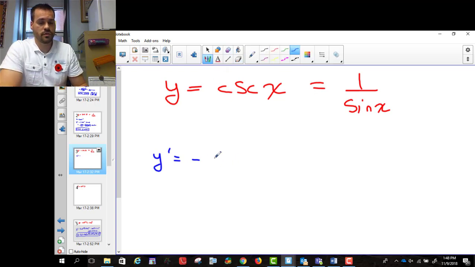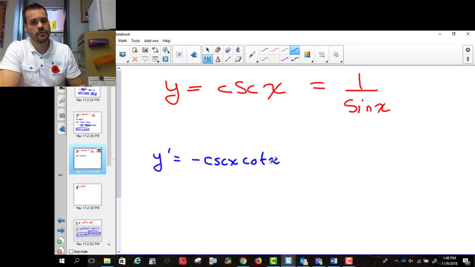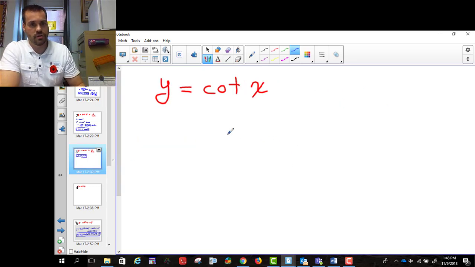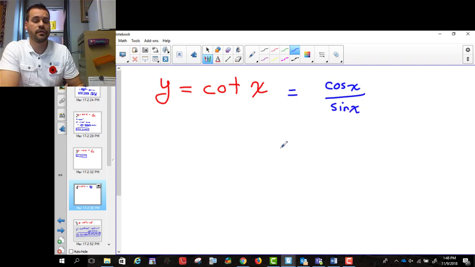And I would encourage you to do that, but you end up with this as a result. So the derivative of cosecant x is negative cosecant x cotangent x, and for cotangent, you would write it as cosine x over sine x, and then it follows exactly the same pattern as tangent x. And what you end up with is that y prime is negative cosecant squared x.